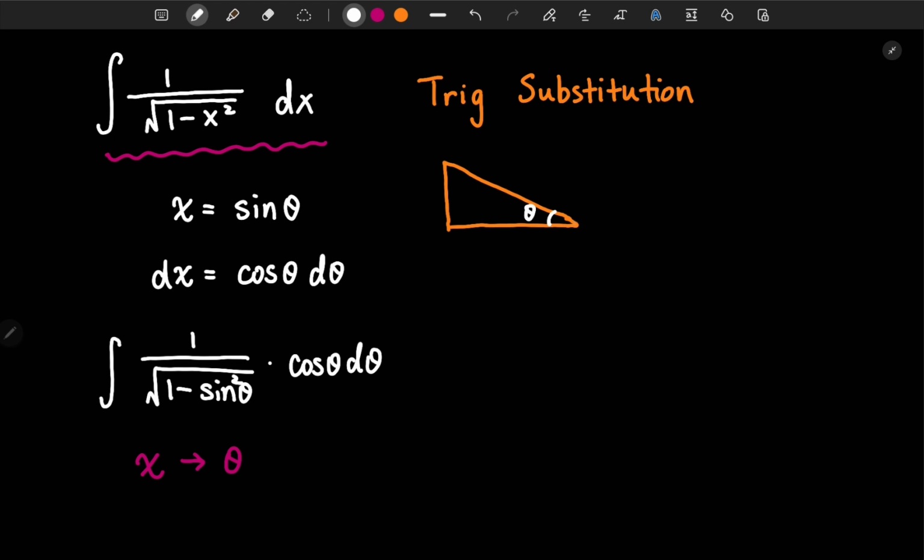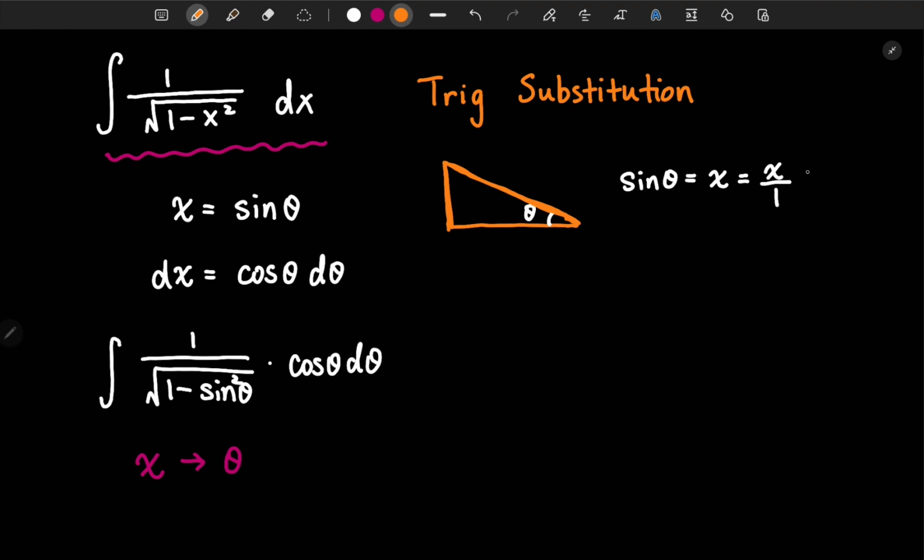We know sine theta is going to be equal to x, which can be written as x over 1 as well. And we know sine theta for any right triangle is the opposite side divided by the hypotenuse, which is the longer side.